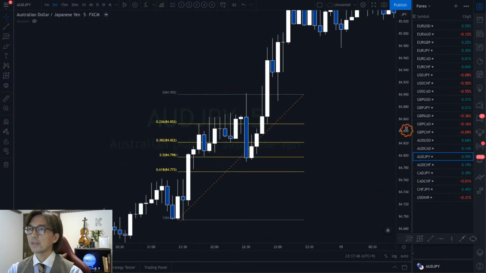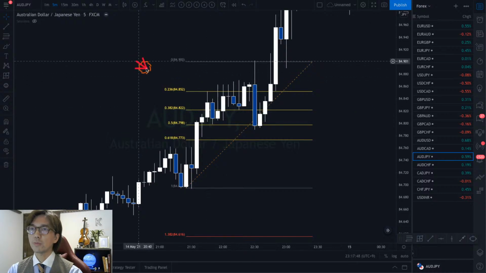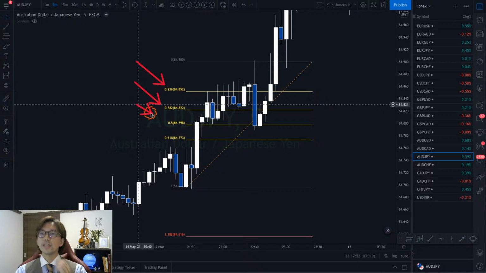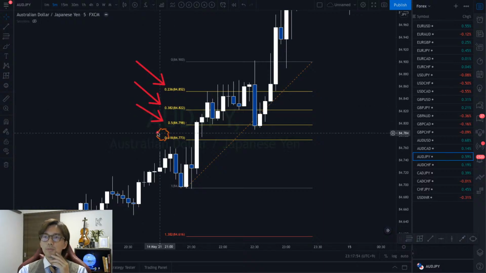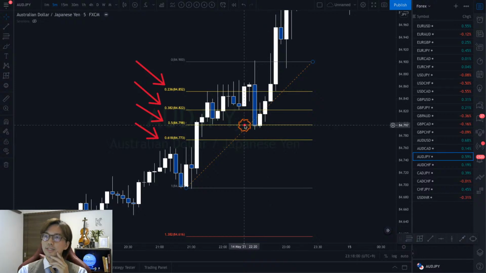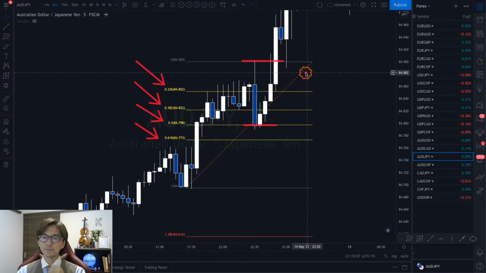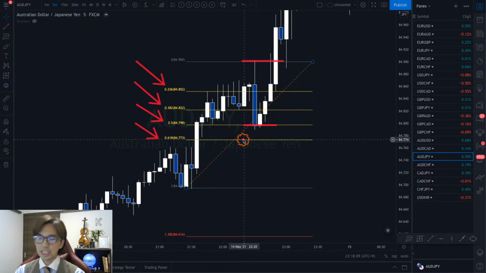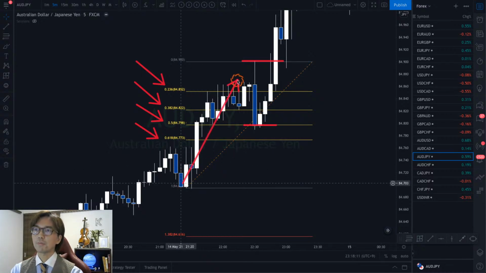Technically, I use the 23.6%, 38.2%, 50% and 61.8%. And here you can see that beautifully the market has reacted at the 50%. Once it breaks, that will be a good confirmation to take the trade, so that you can expect the market to continue up on this new bullish wave.